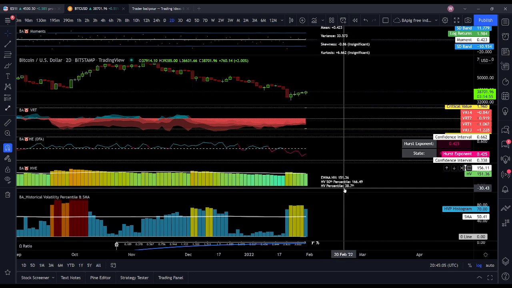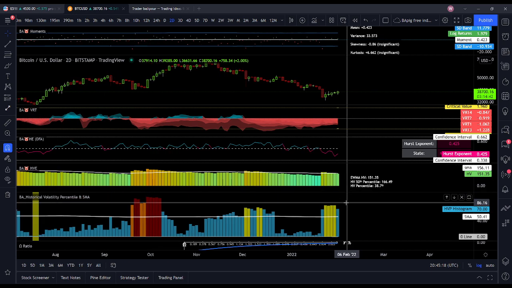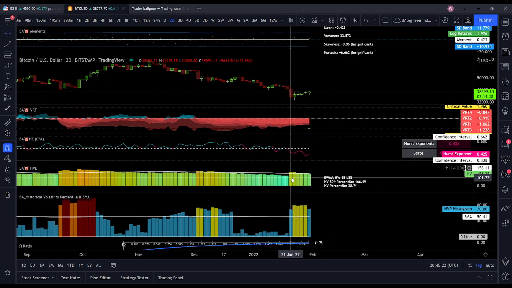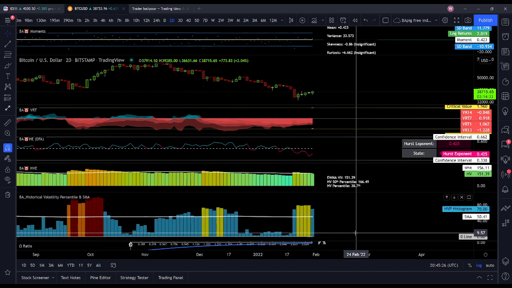And looking at the historical volatility percentile being in the 40th percentile, which is much different than the NASDAQ, which is in the 90th percentile, that's telling me that Bitcoin can definitely get more volatile from here. So that's kind of the analysis on Bitcoin.